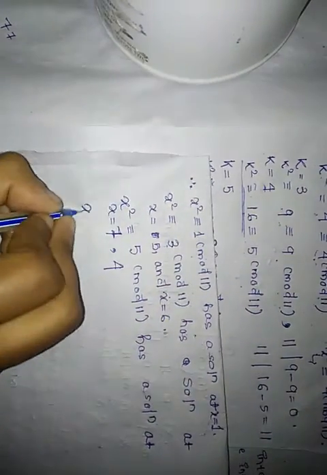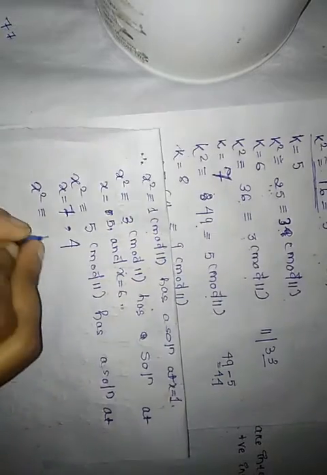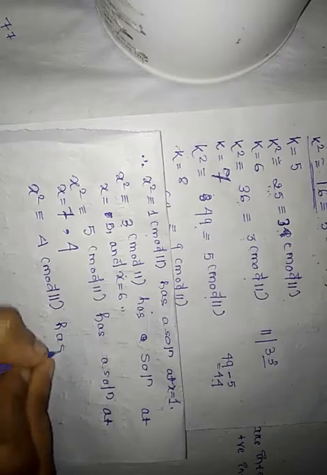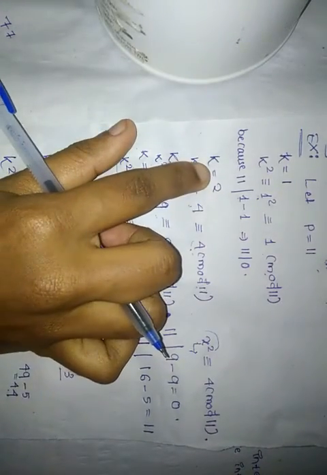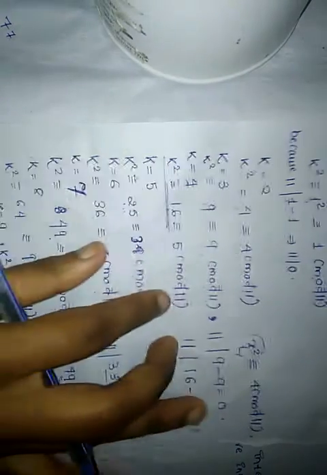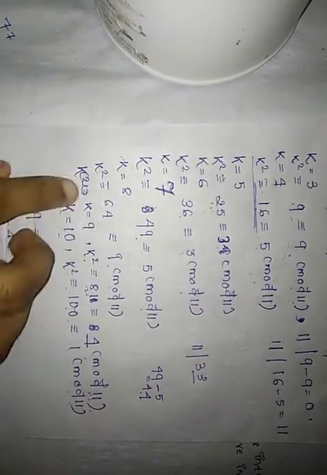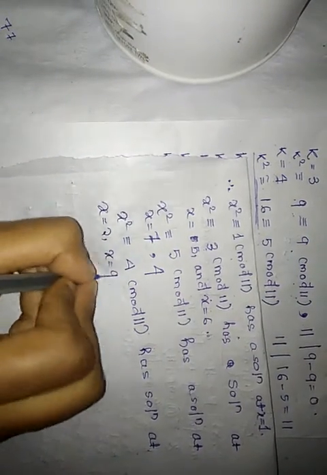Now x squared is congruent to 4 mod 11 has a solution at x equal to 2 as well as at x equal to 9.